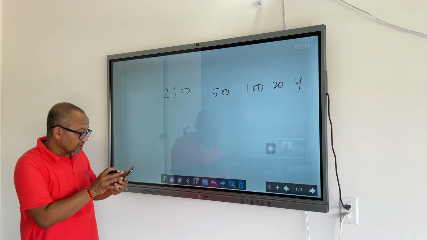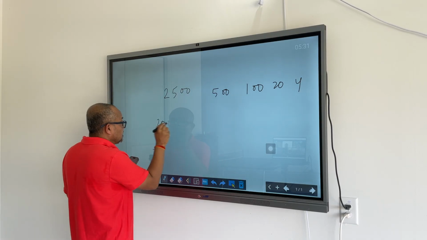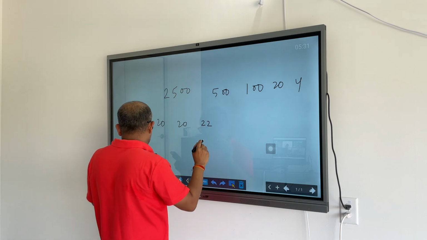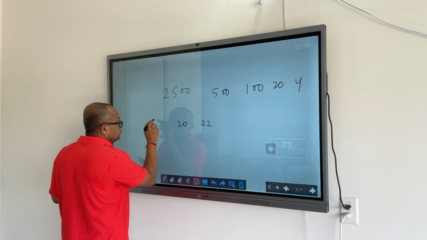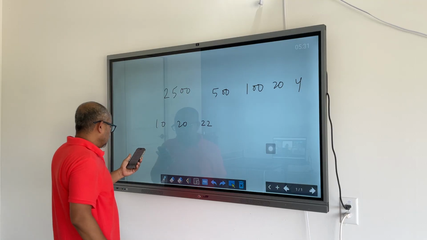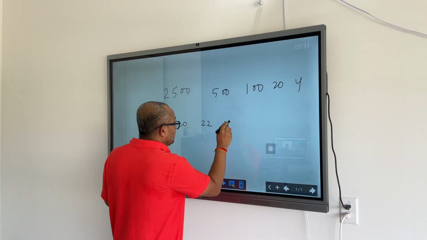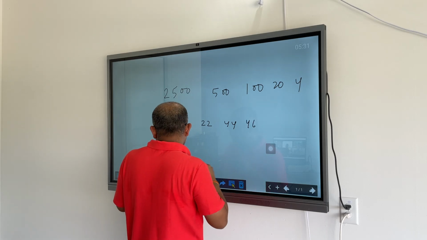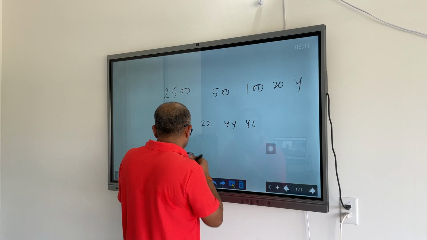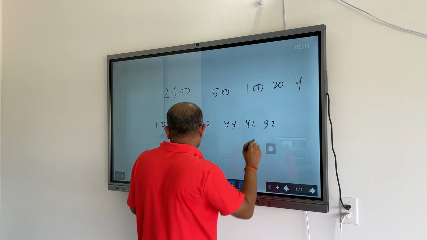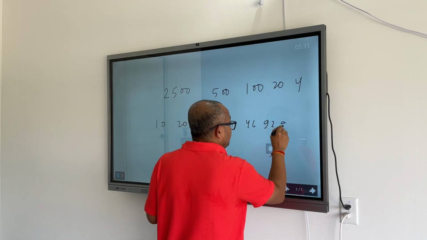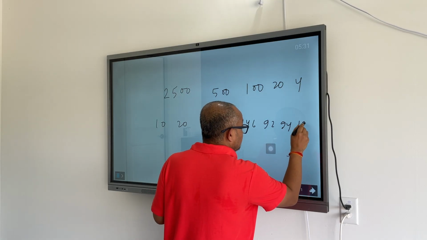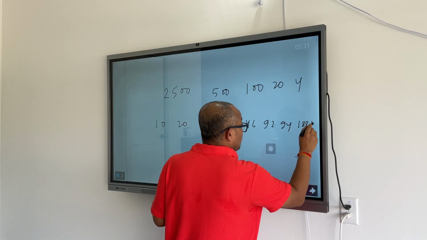Now, there's another one. 2500, 500, 100, 24? And this one: 10, 20, 22, 44, 46, 92, 94, 188, 190.